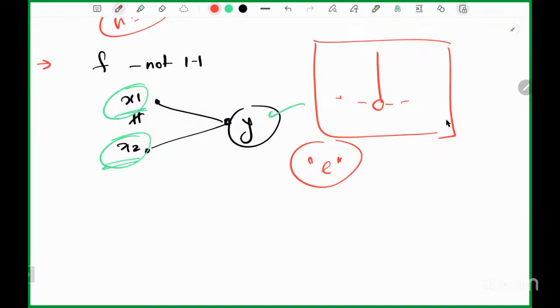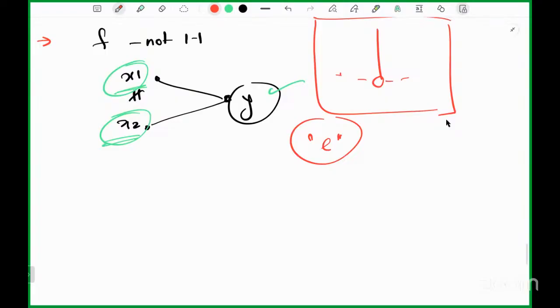They gave the example of compound interest. The compound interest formula looks like a sequence, right? 1 plus 1 by n to the power x, and if you take the limit, this goes to e to the power x.